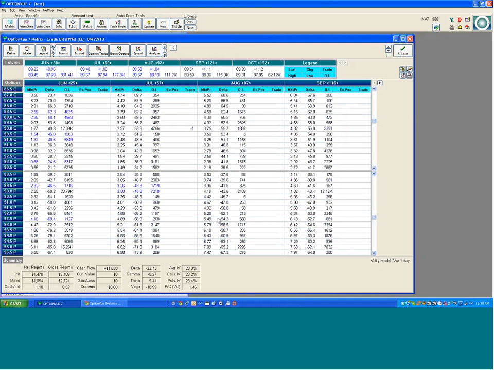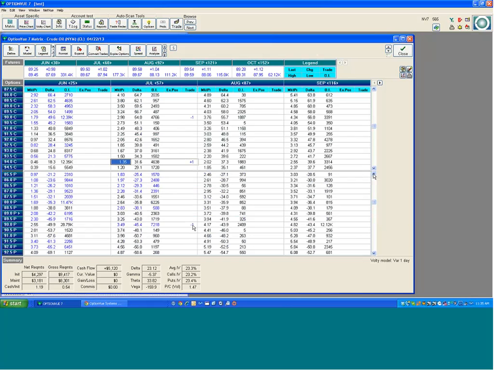You would also sell a single 90 put, so you'd be selling an at-the-money straddle, and then you would put your insurance in place, which is your out-of-the-money call at the 94 level, and then 4 points away on the put, the out-of-the-money put would be the 86 put.